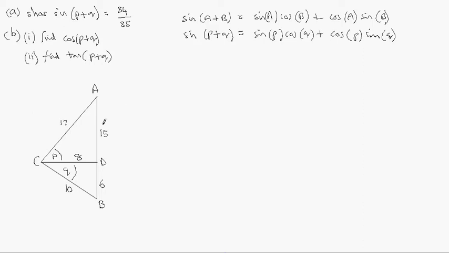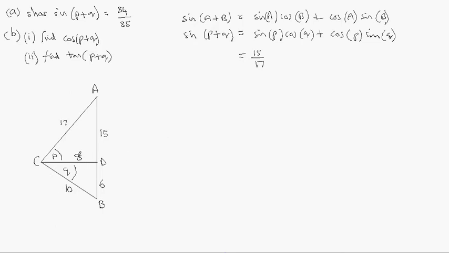And from our diagram, we'll therefore read sine p, which is equal to opposite over hypotenuse, so 15 upon 17, times cosine of q.